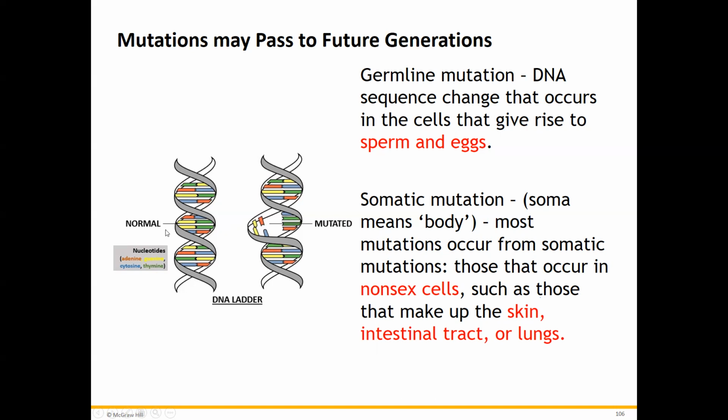Here's our normal DNA ladder. You've got the A to T, C to G combos here. They don't have the colors right, your key is not right. But something will come in and break the hydrogen bonds. These hydrogen bonds were broken at this part of the DNA.